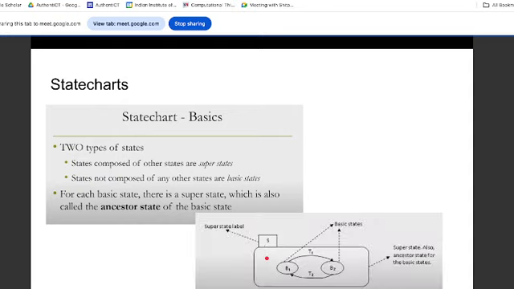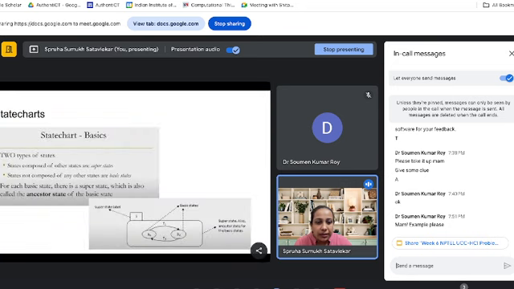So here is the example. The super state is represented by a rectangular box with curved edges, and the basic states B1 and B2 are represented by ovals or circles.